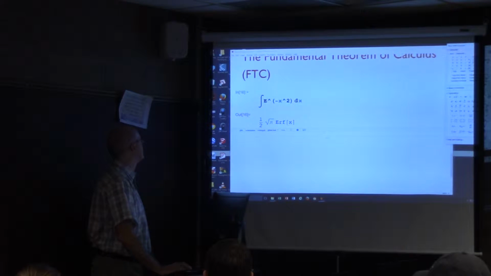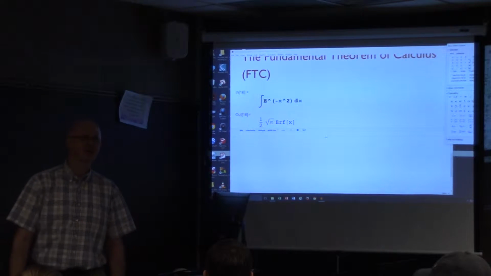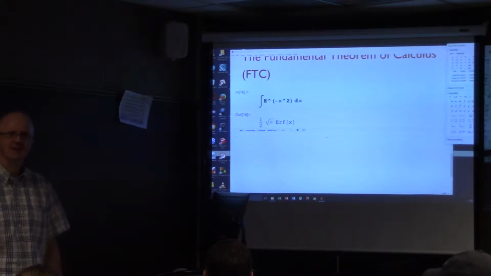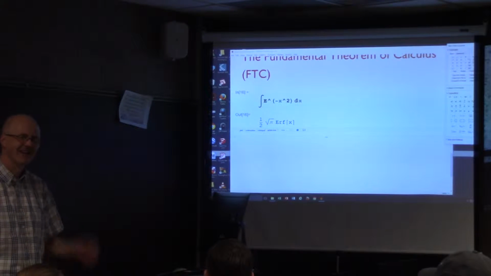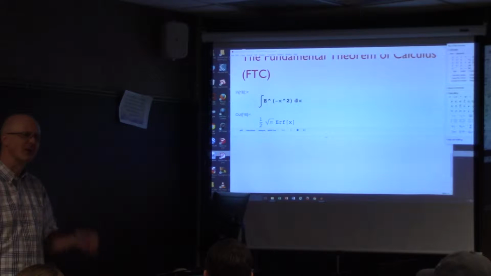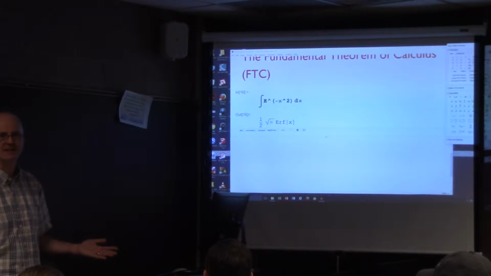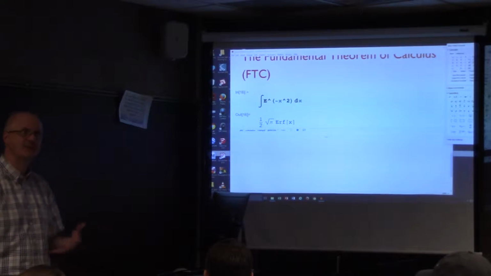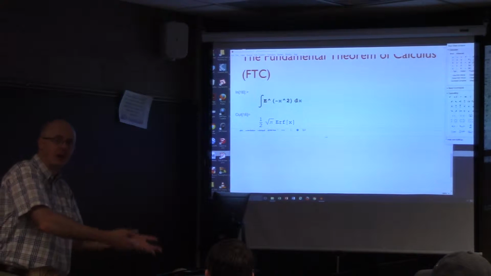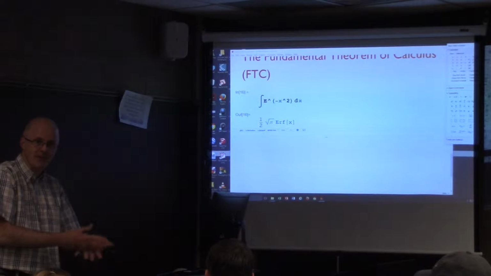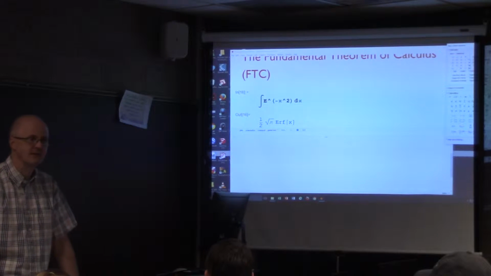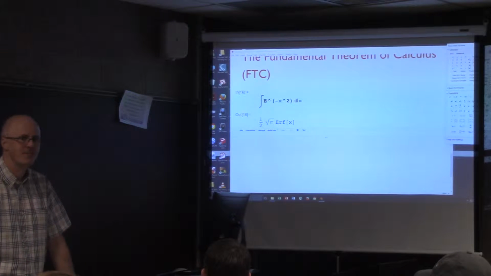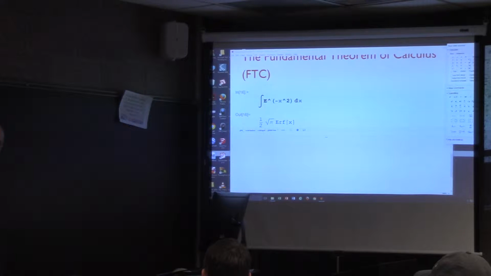ERF. Square root of pi over 2 ERF of x is the answer. ERF stands for error function. It's related to errors in experiments, which are related to normal curves, right? Errors in experiments are typically normally distributed. That's why it's called ERF.